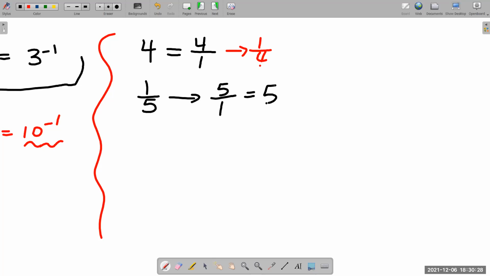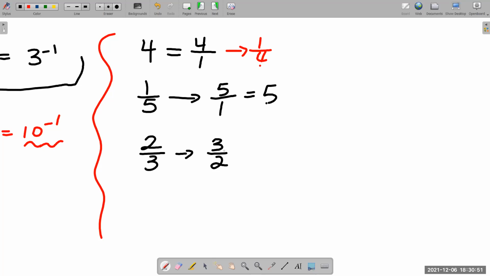The inverse is flipping it. So look at this now. Let me see if you're thinking. Suppose I gave you 2/3. What is the reciprocal of 2/3? Remember that reciprocal means the inverse. So what is the inverse of 2/3? Excellent, 3/2.